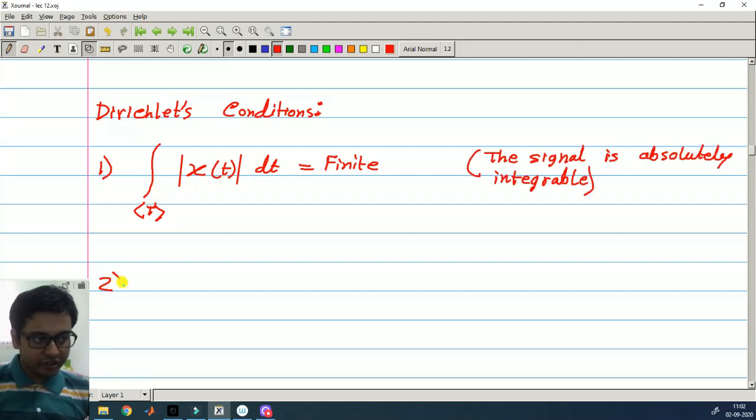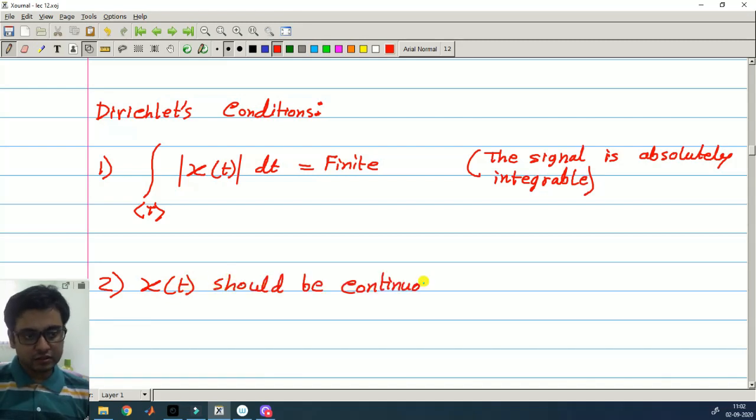Now, second condition, x(t) should be continuous, or if it is not continuous, if it has discontinuities or jumps, then at least the amount of jump or discontinuity should be finite. It should not have an infinite jump, and also the number of such jumps or discontinuities within one period should be finite.